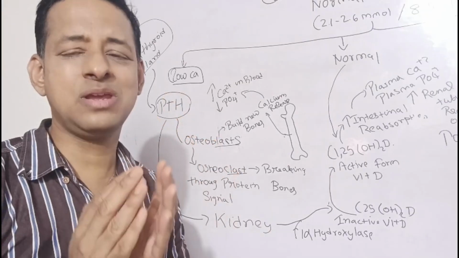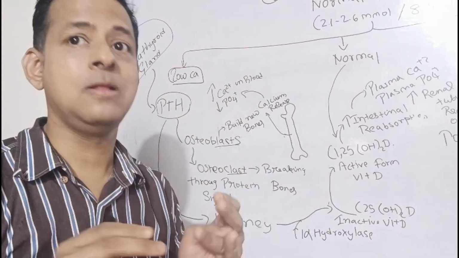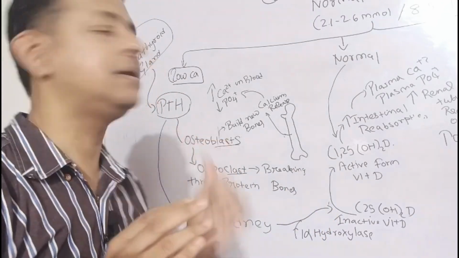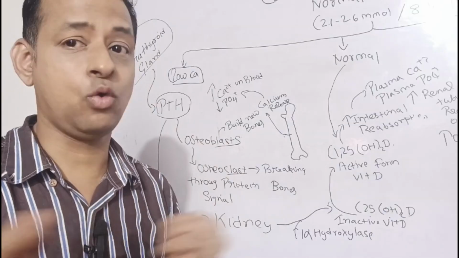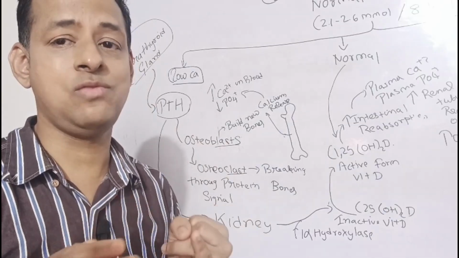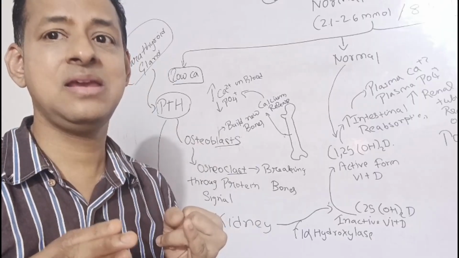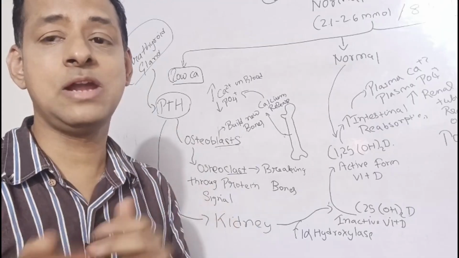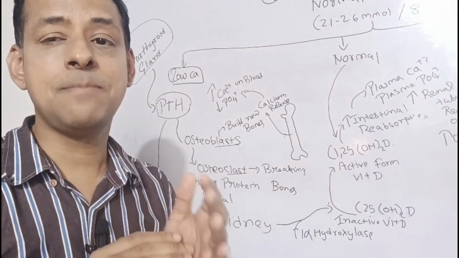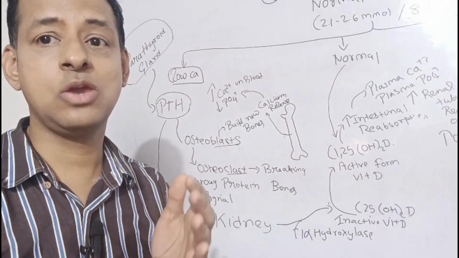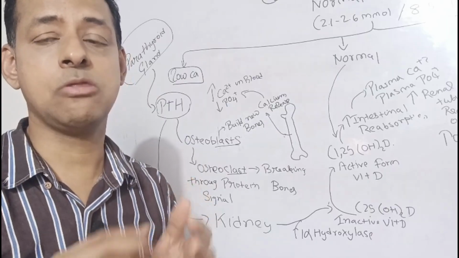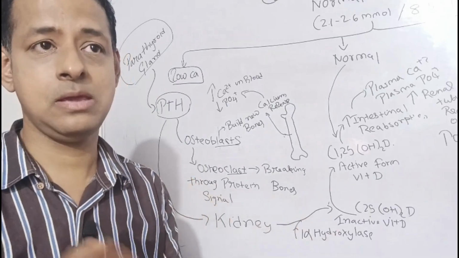Now I'm going to give you a small story scenario of PTH: Hrithik Roshan steals a golden sword in a fort in this Dhoom 2 movie, and in the same way, parathyroid hormone steals calcium using osteoclastic activity. This is the thing.